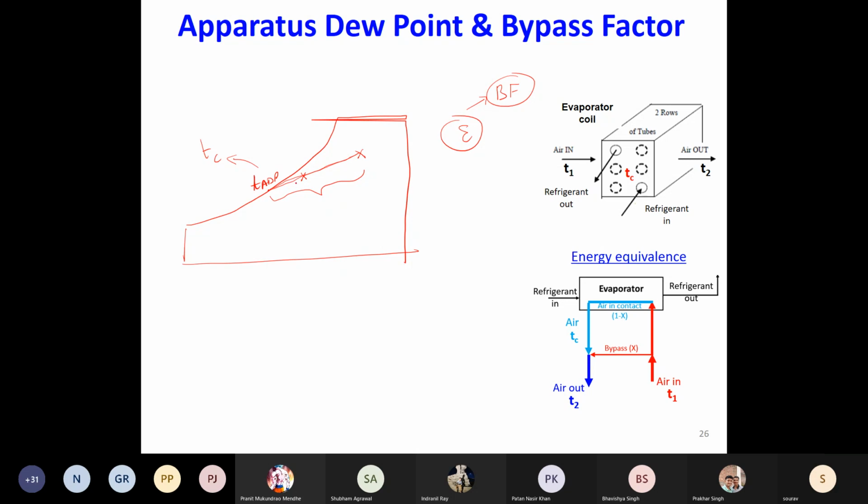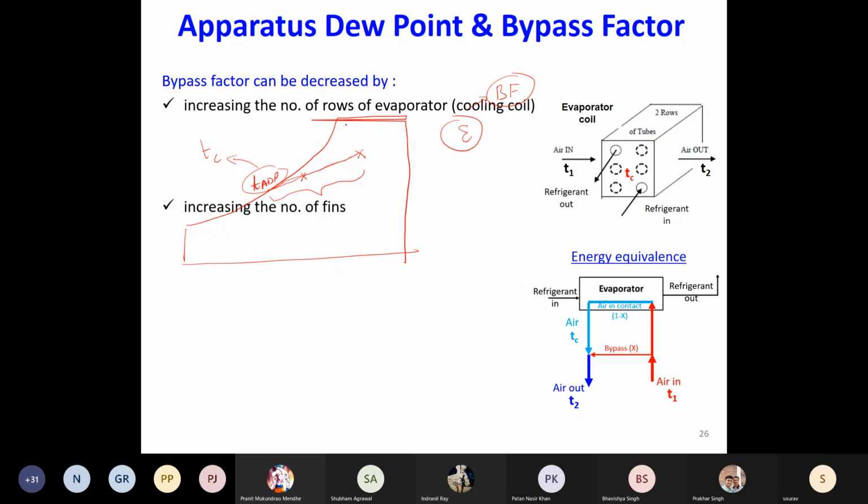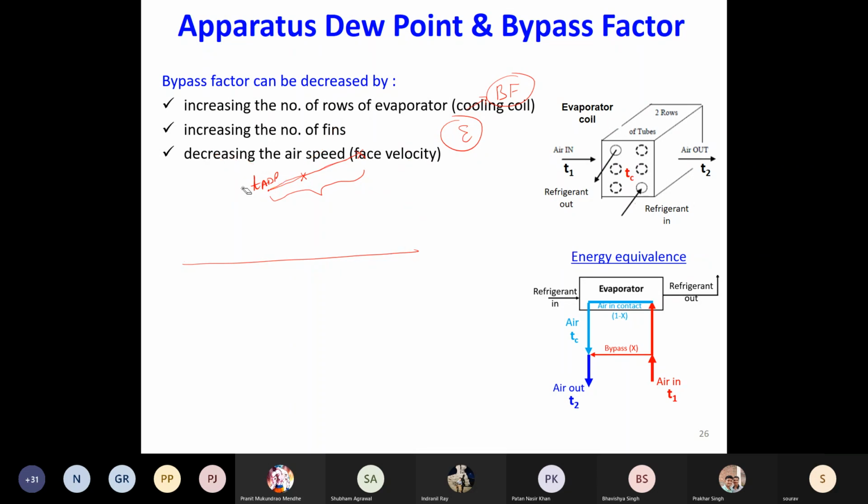So in principle, what your air conditioning device can control is both your coil temperature as well as your effectiveness. Now, in order to understand what effectiveness depends on, you can carry out experiments with various heat exchangers and identify how your bypass factor or the effectiveness of the heat exchanger changes.